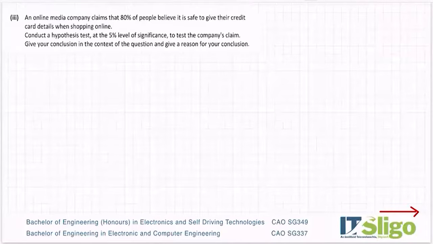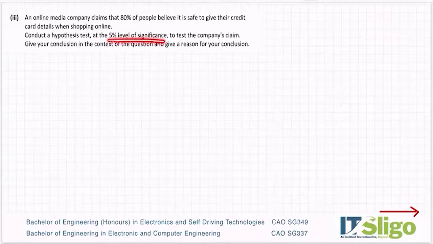For example, when Pfizer brought out the first injection for COVID, seeing as we're in the middle of COVID, and they said it is good at treating COVID or at protecting against it, that was their hypothesis or their claim, and they had to test that or show that that was true with data. So what percentage of cases are they showing it to be true for, and so on and so forth. So that's hypothesis testing.